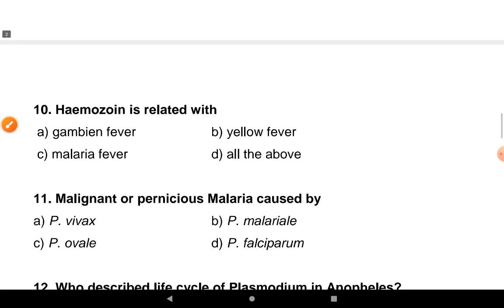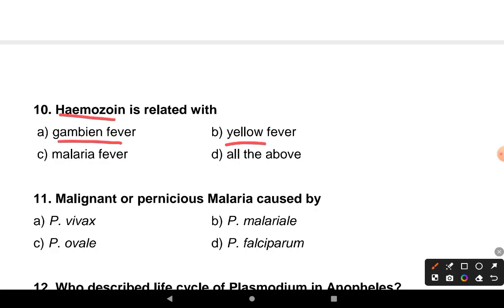The next question is: hemozoin is related with Gambian fever, yellow fever, malaria fever, all of the above. Correct answer is option C. Hemozoin is related with malaria fever.